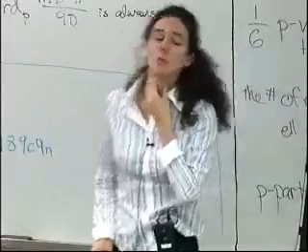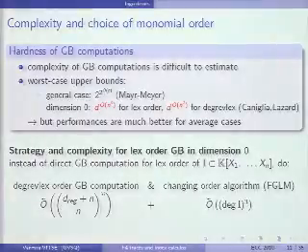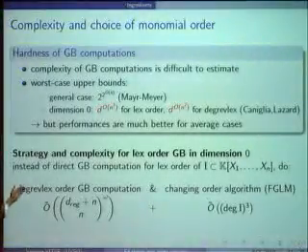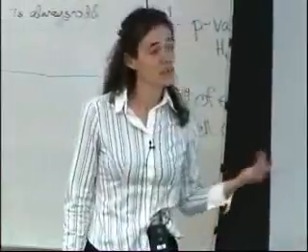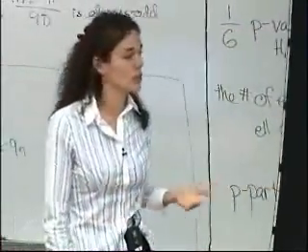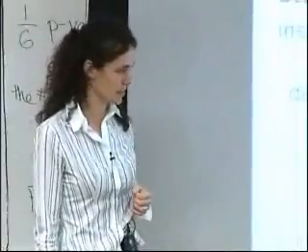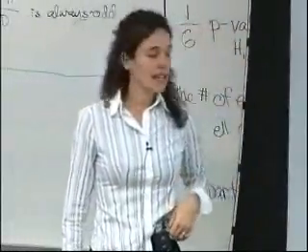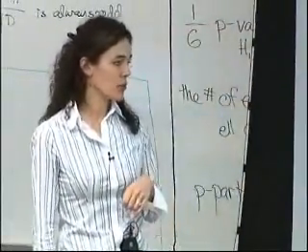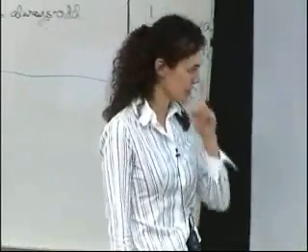So maybe you will see what's the point of this. For computing a lexicographic order basis in dimension 0, we will prefer to compute first a degree reverse lexicographic Gröbner basis, and then use a change of order algorithm to get the lexicographic order Gröbner basis. I can give some sharper bounds on the complexity of these two steps.